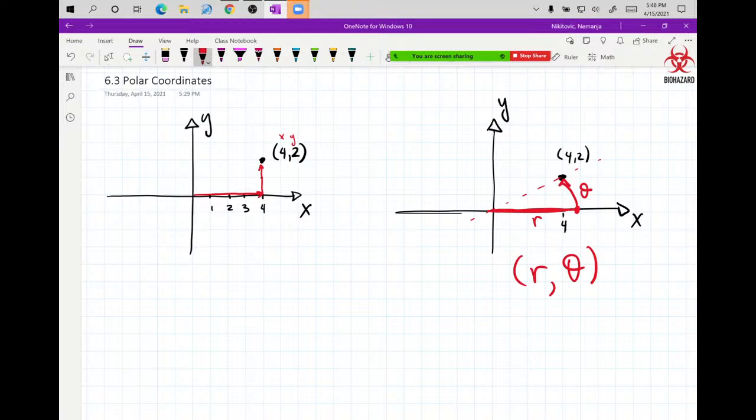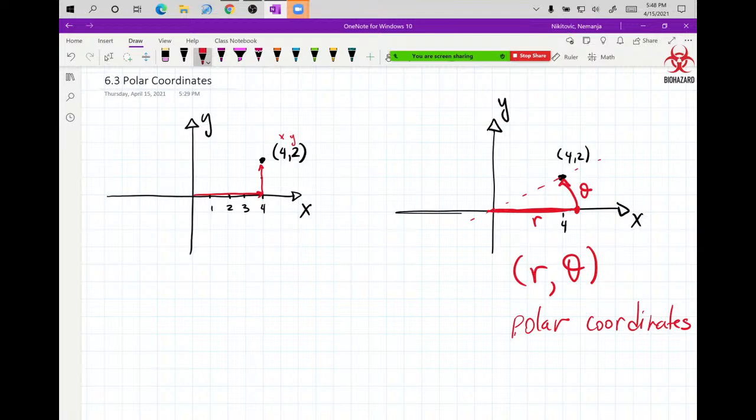So something like this would be known as polar coordinates. And we use them to reach the point in a different way.